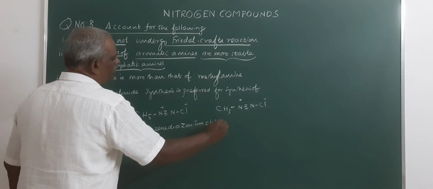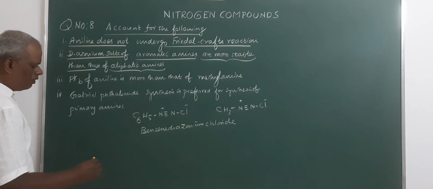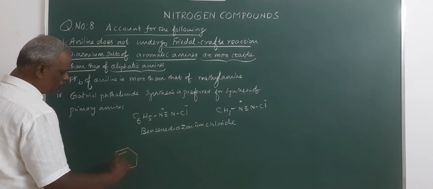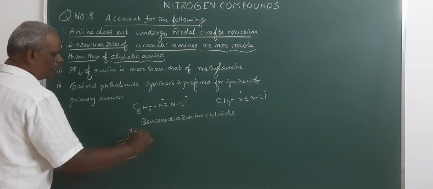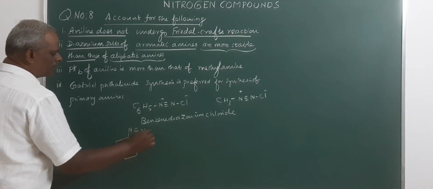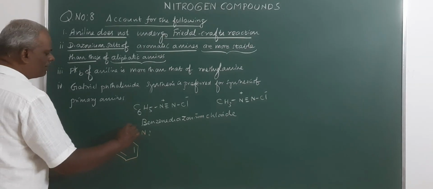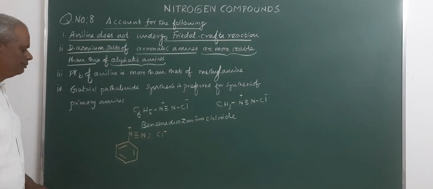When you take benzene diazonium chloride, this is the structural format. I am writing the diazonium ion as follows: N triple bond N. This nitrogen carries a lone pair of electrons, and this carries the plus, and Cl minus is there.